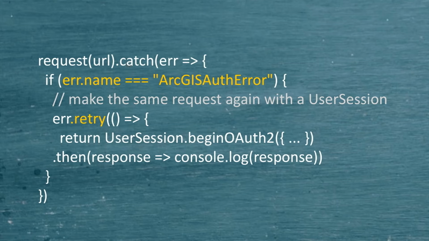Like in our case, begin that OAuth 2 flow, or if you had some other authentication scheme, you could make that happen. And as soon as that flow is done, it will automatically retry the same request that it just did. So that's a cool sample worth checking out.